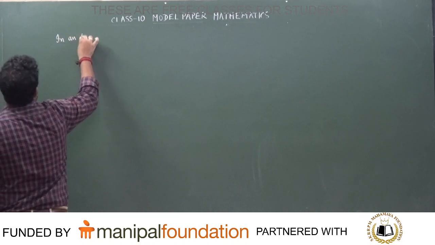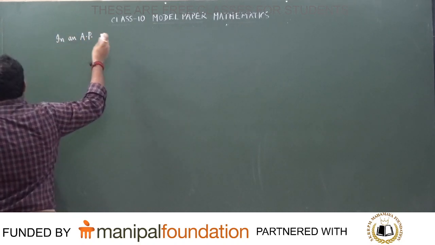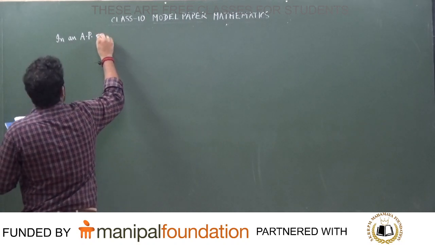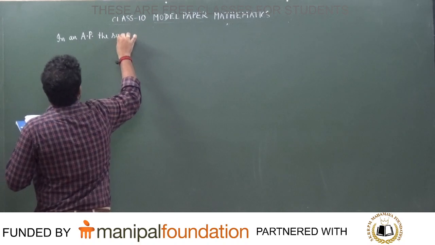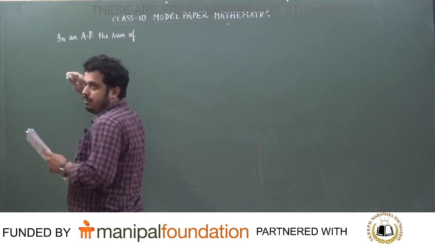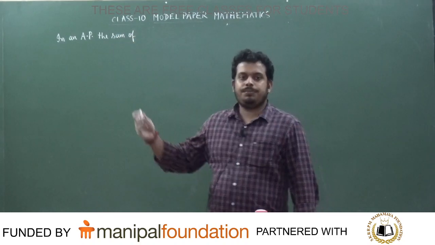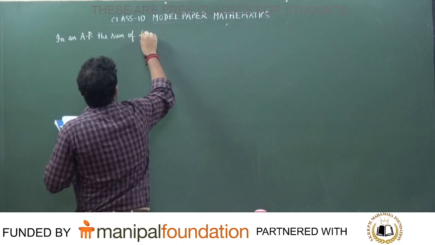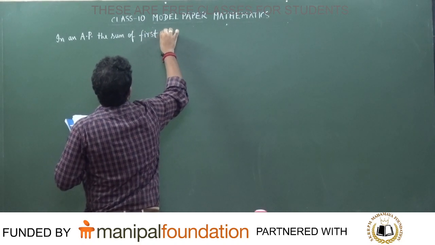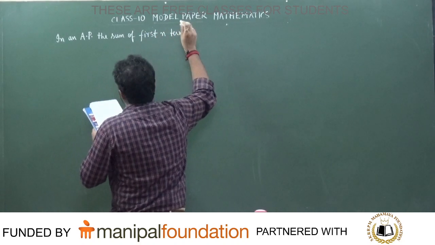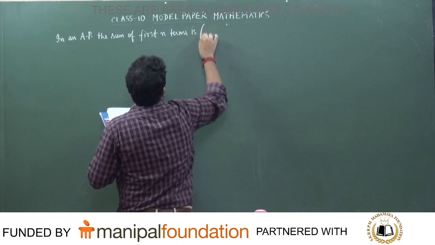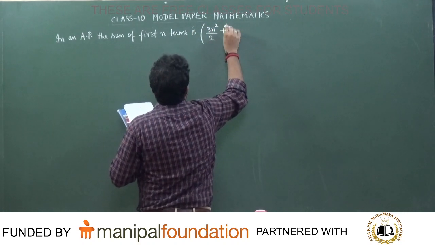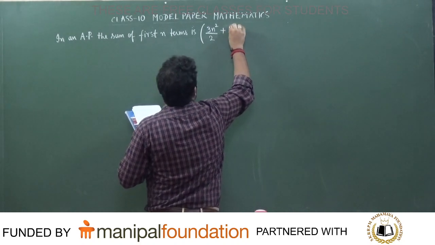In an AP, the sum of first n terms is 3n square divided by 2 plus 5n divided by 2.